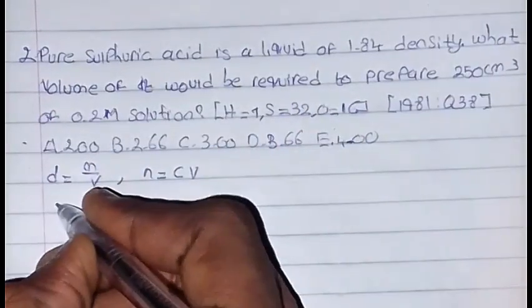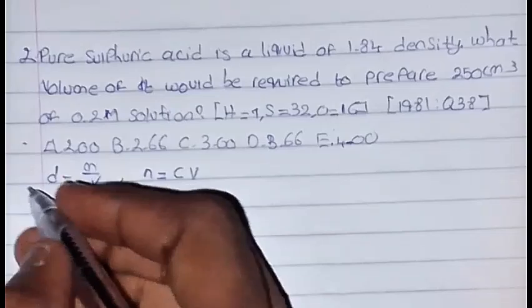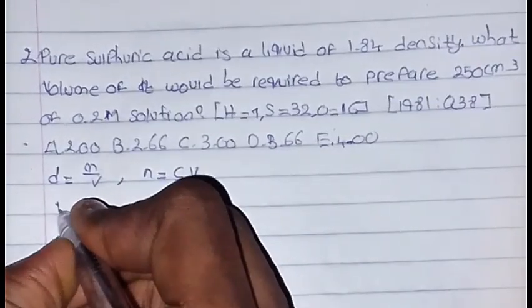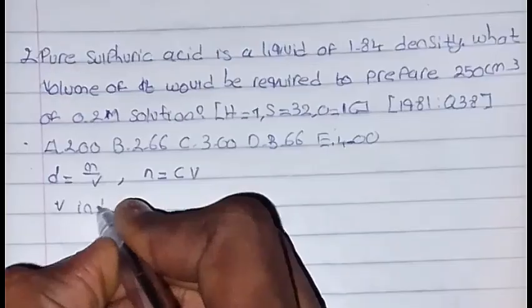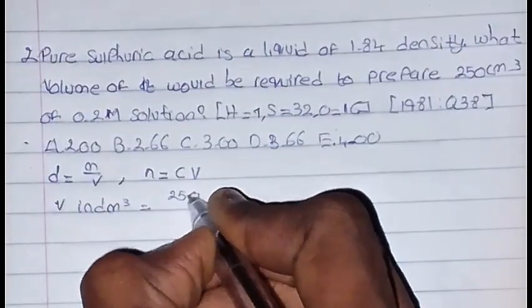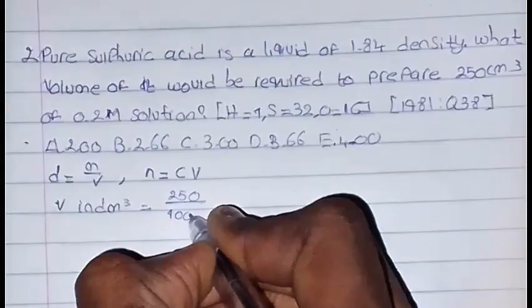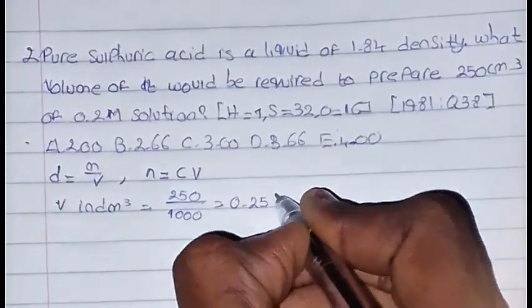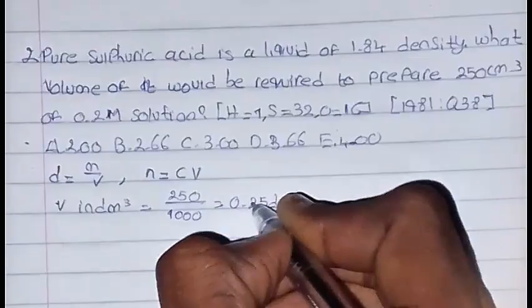First, the volume, which is 250 cm cube, we convert to dm cube: volume in dm cube will be 250 divided by 1000, which gives 0.25 dm cube. That's the volume of the solution.